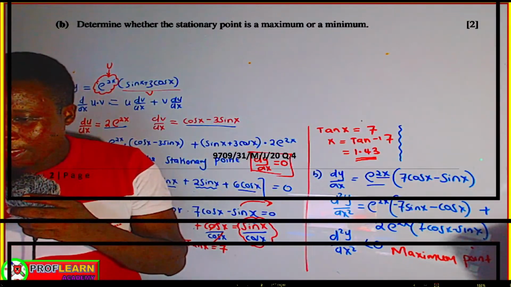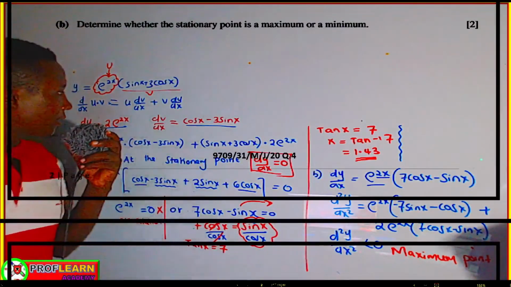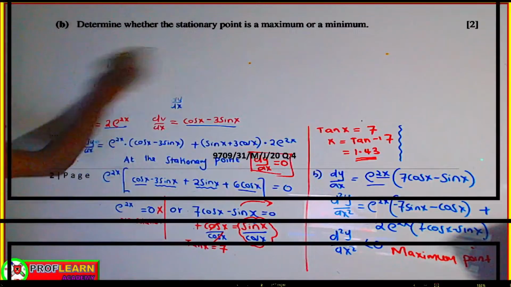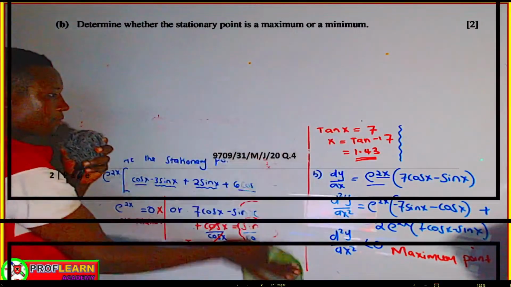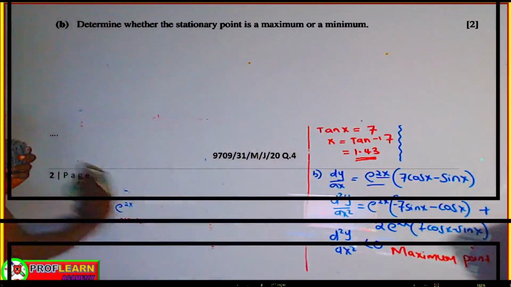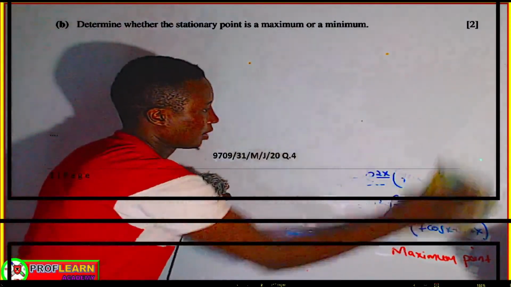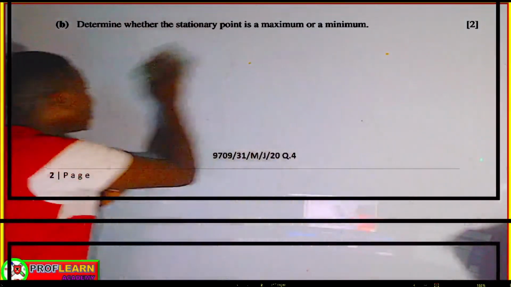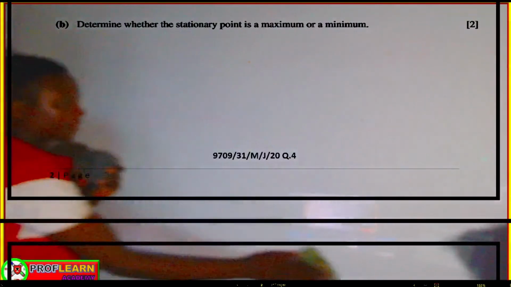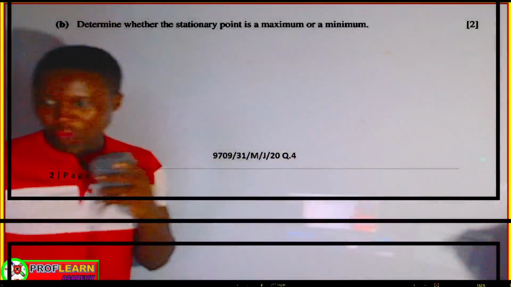So maybe what I can do, I'll quickly take you through another question that you may be given, a question that uses a different technique, so that we can see also how to perform that kind of question of differentiation.